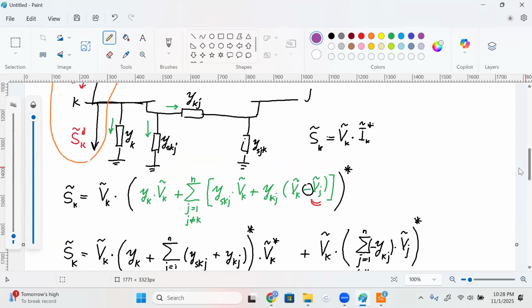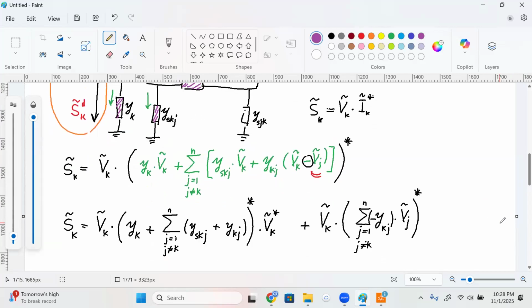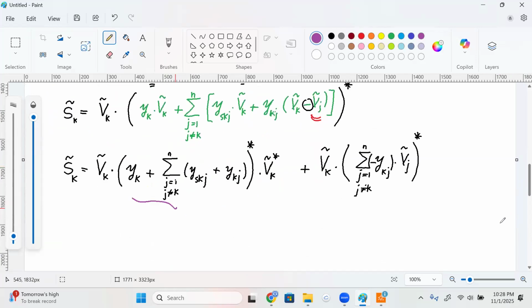So we have YK that is connected to that bus K, plus all these shunt elements and series elements for all the mutual lines that are connected to bus K. So all these are included in that term. That essentially means that this term is YKK, the sum of all the admittances connected to bus K. And of course, there's a conjugate too, so I'm going to put the conjugate here too.